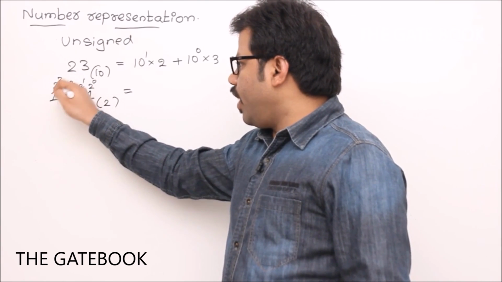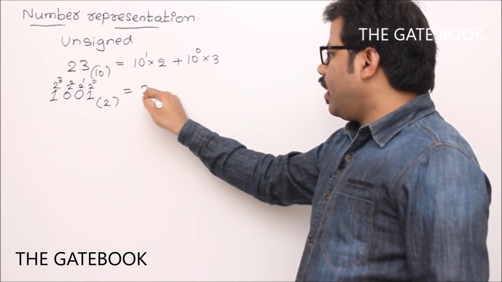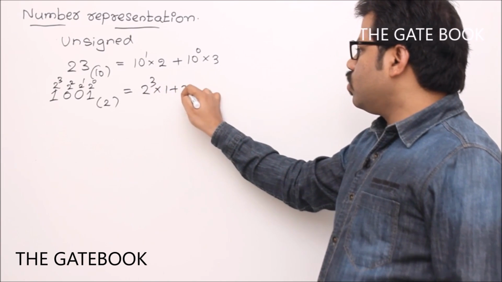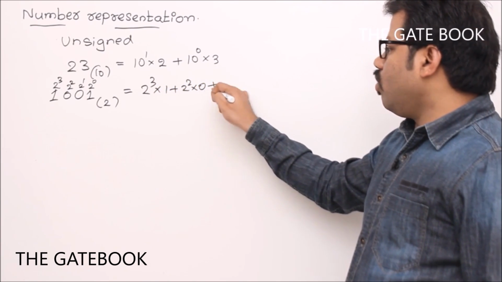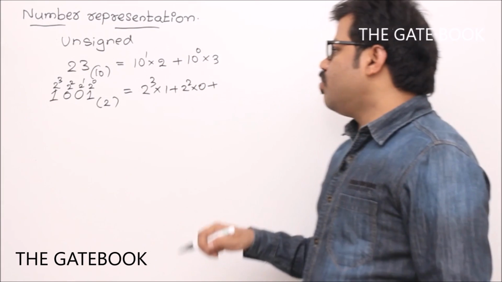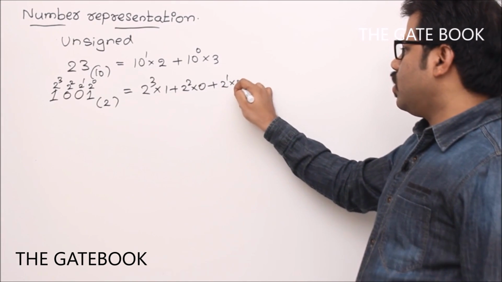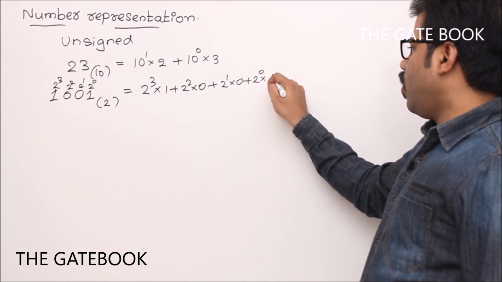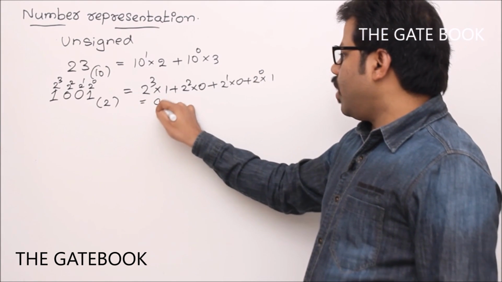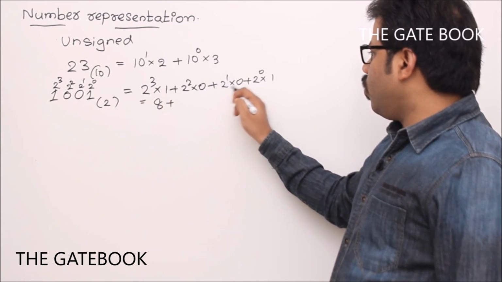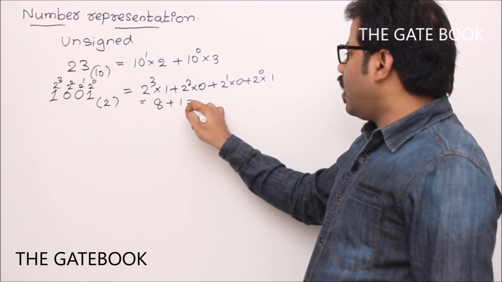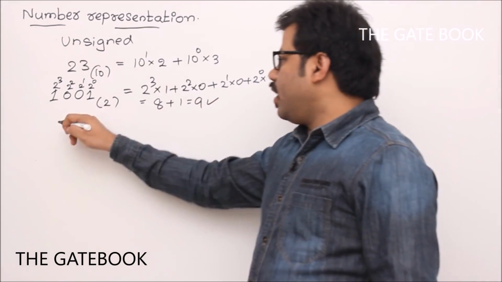If you give weights like this and multiply 2 cube into 1 plus 2 square into 0, plus 2 to the power of 1 into 0 plus 2 to the power of 0 into 1, you get the decimal version of this binary format. Then it would be 8 plus 0 plus 0 plus 1, 8 plus 1, 9. In that way, we can convert binary to decimal.